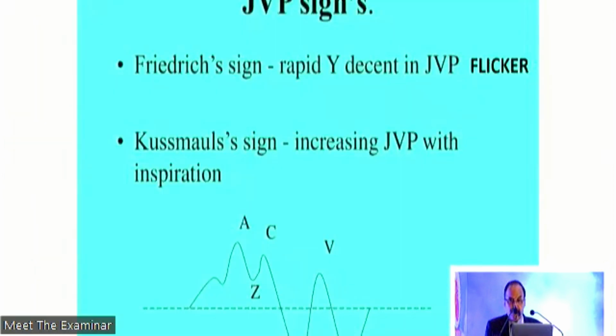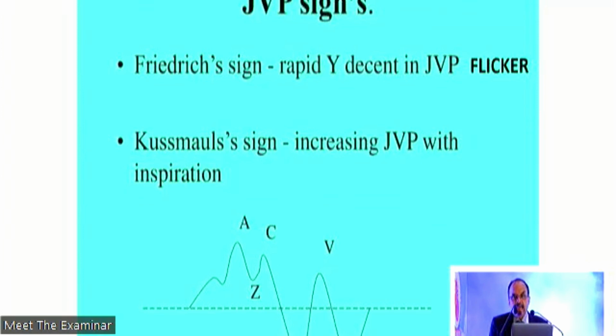Now, in case of constrictive pericarditis, these two are extremely important. As we know, when we inhale, or during inspiration, the venous return to the right side of the heart increases.